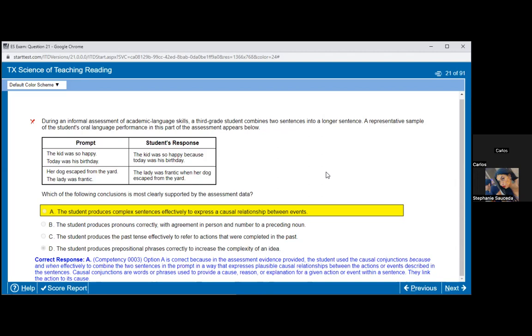The student used the causal conjunctions because and when effectively to combine the two sentences. Reading this is much better than reading this in a student's writing. When a student writes, for instance, the teachers that take the ELAR 4 through 8 and 7 through 12 have to assess a student's writing.